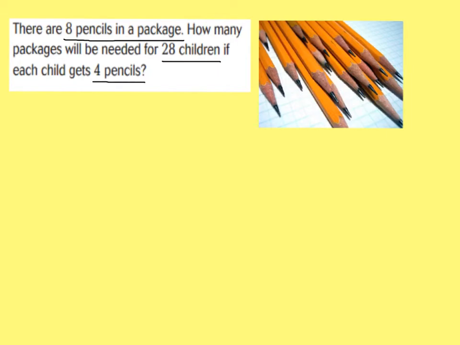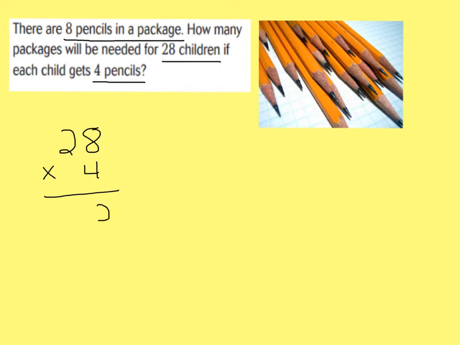The first thing that I'll want to do is multiply 28 times 4. This is going to tell me how many pencils altogether I need, so that each child can actually have 4 pencils. So I'm going to multiply 4 times 8, which I know is 32.